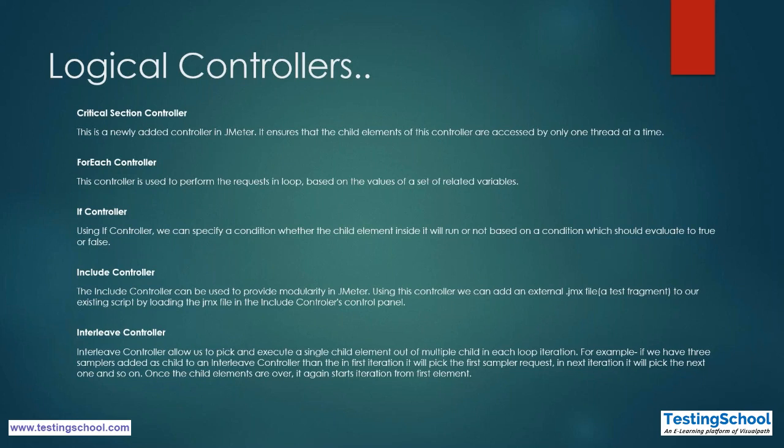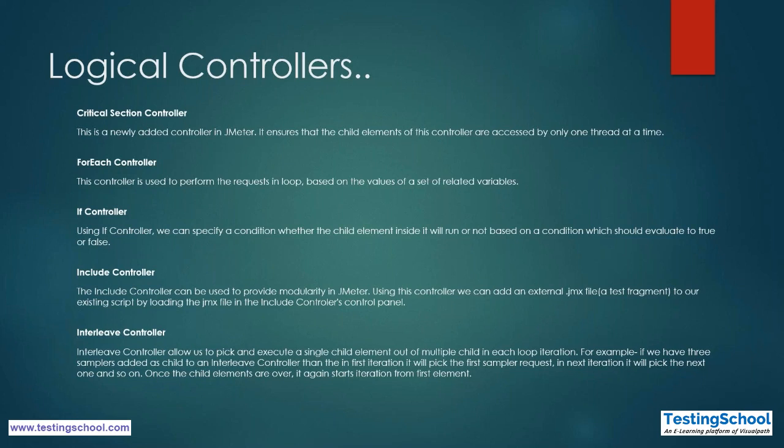Suppose you have three thread groups, and the first thread group goes into the critical section controller, it will execute the whole part, and only then will the second thread group come into play and execute. So it is a kind of locking happening in this section. Until the first thread releases it, the second thread group will not have access to this section.